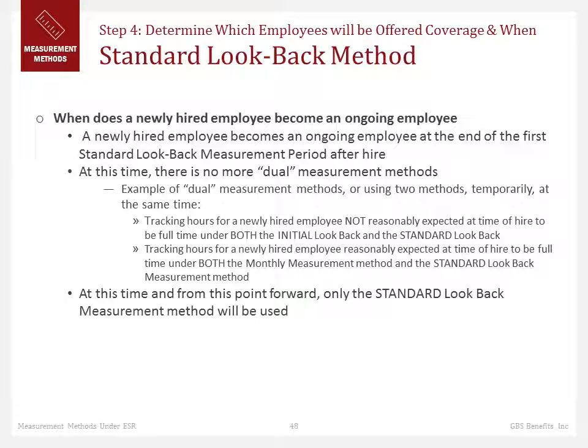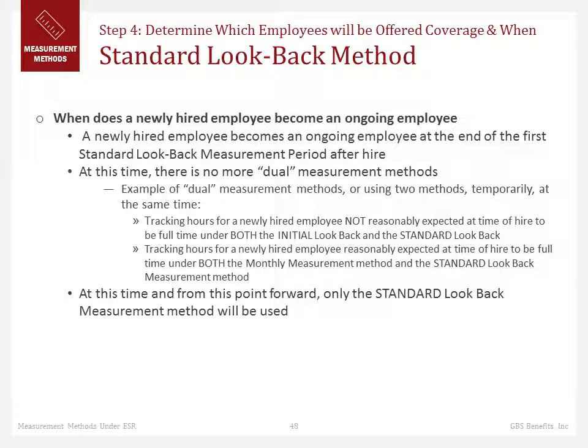So you start tracking their hours along with the other temporary way at the beginning of the first standard look-back period after hire, and then at the end of the first standard look-back period after hire, when they've gone through that whole look-back, usually 12 months, then they are officially considered an ongoing employee and you can drop off that other temporary method. So at this time there are no more of what I like to call dual measurement methods. You're not tracking them on two different methods.